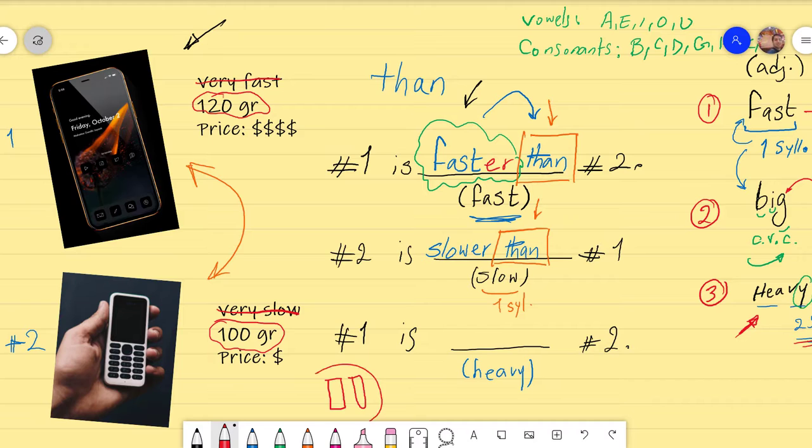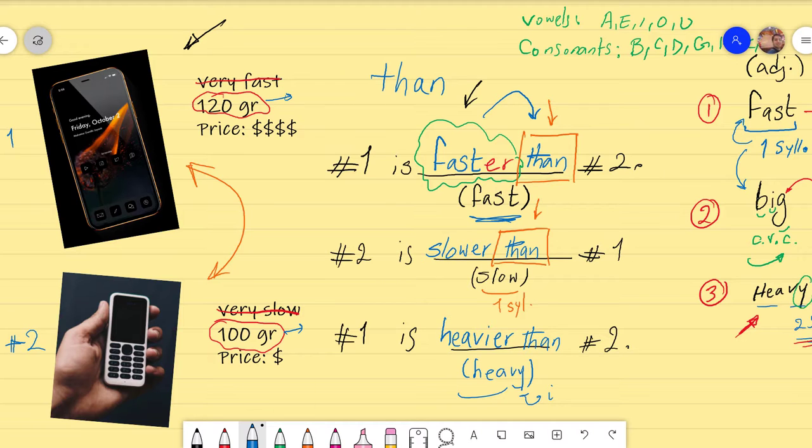Pause the video for a second and think. Number 1 is heavier. You remember we changed Y to I and we have 2 syllables. Heavier than number 2. This one is 120 grams, 100 grams. So this one is heavier.